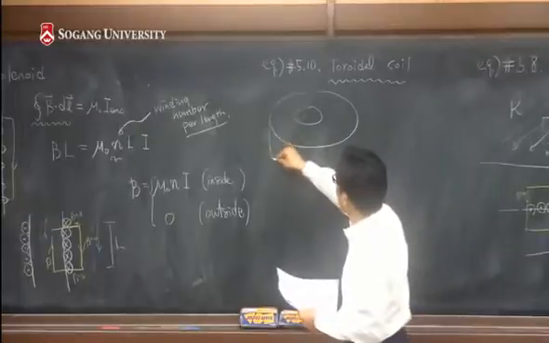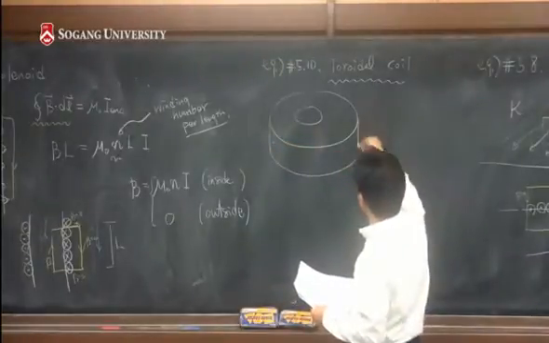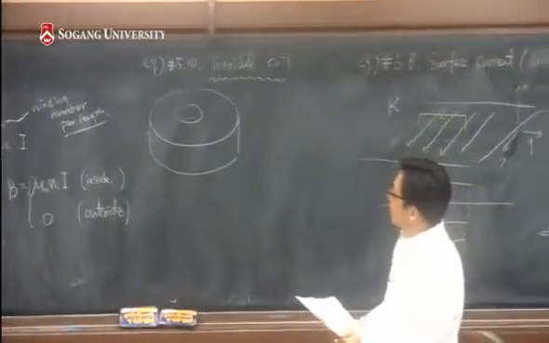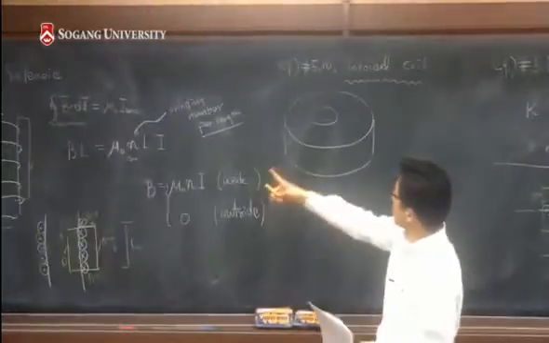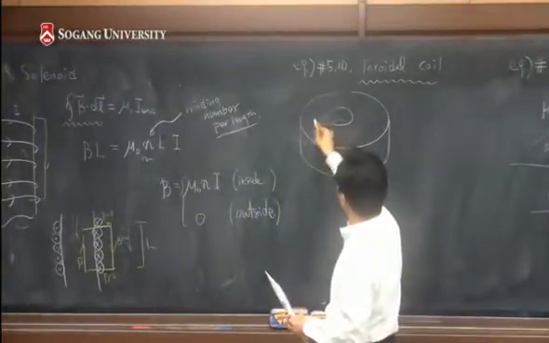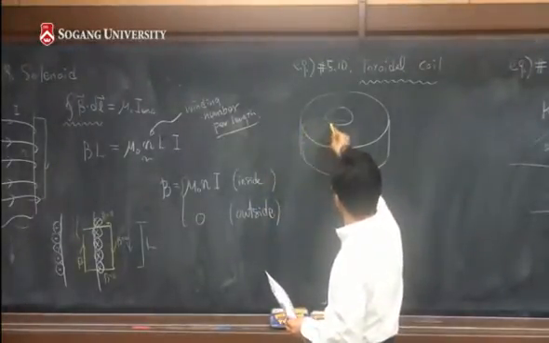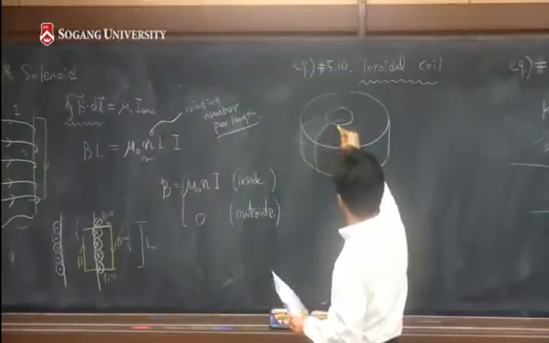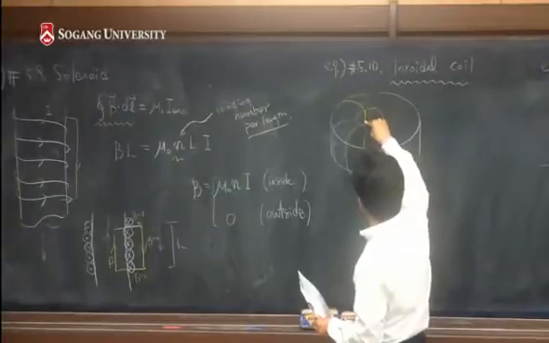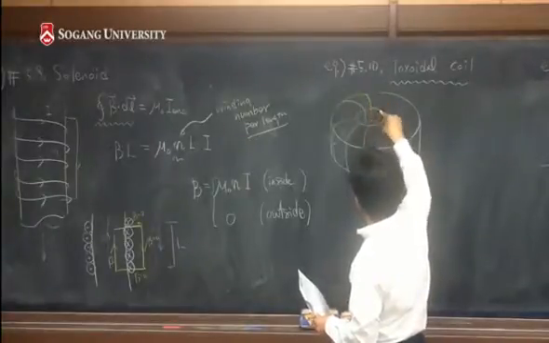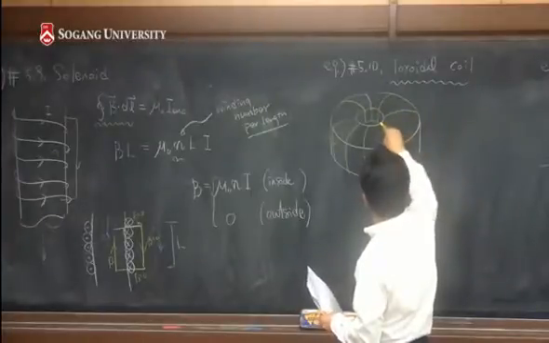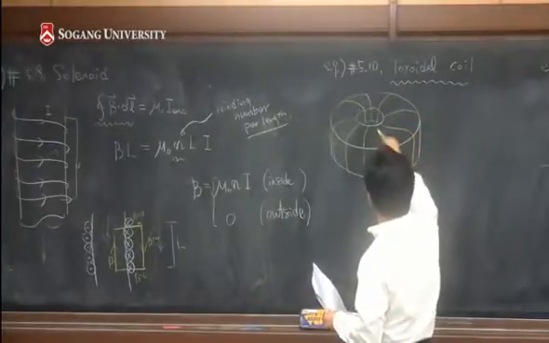In this case the current is wound like this, by the wire, right? You will see it like this, and this is what we call the toroidal coil.